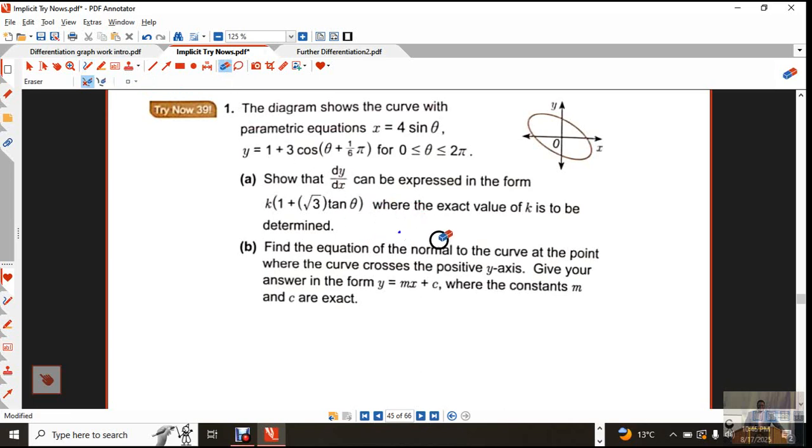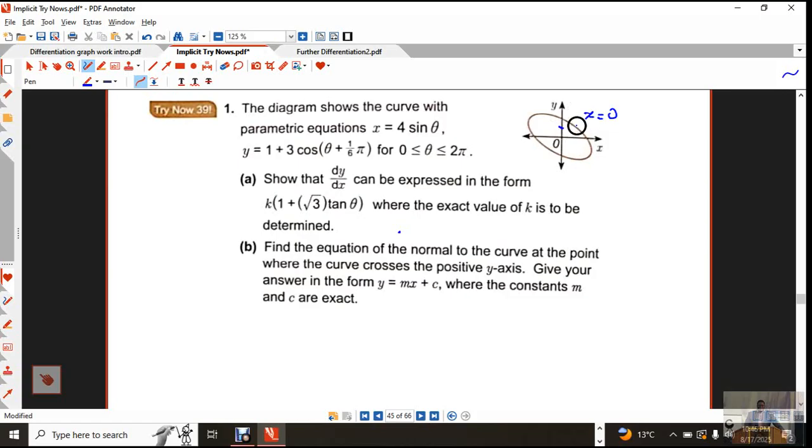Part B says find the equation of the normal to the curve at a point where the curve crosses the positive y axis. Now, if a curve crosses the positive y-axis, that is when x is equal to 0.